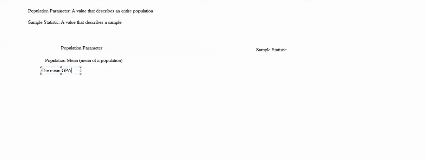Maybe the mean GPA of all 20,642,819 college students in the US.